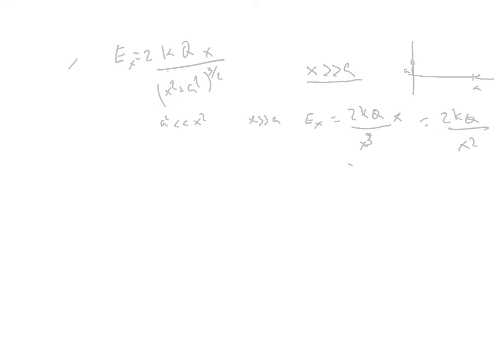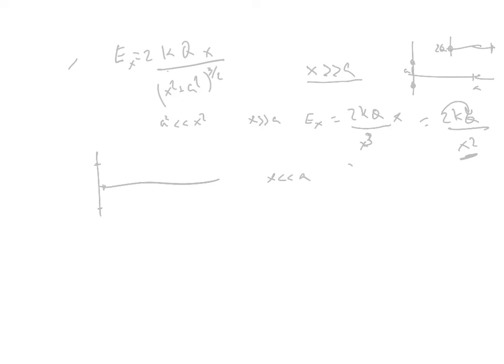So in the limit that x is very big, the electrical field looks like one big electrical field of charge 2q at a distance x. It looks like all the charge is at the center with charge 2q, and you are looking very far. So the second question is the approximation when x is very near the origin, or when x is very, very small compared to a.